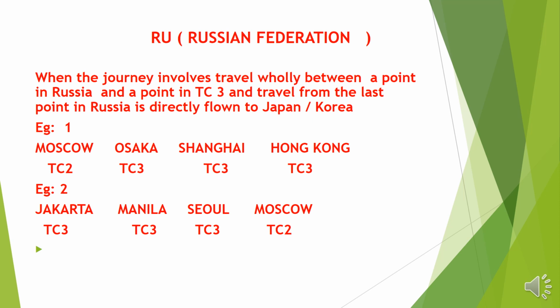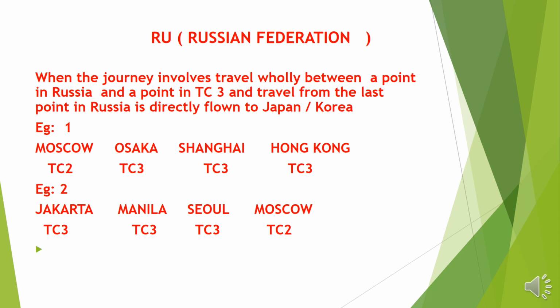Now Russia or Russian Federation. When the journey involves travel wholly between a point in Russia and a point in TC3, and travel from the last point in Russia is directly flown to Japan or Korea. So you have a situation which is similar to an RU routing.